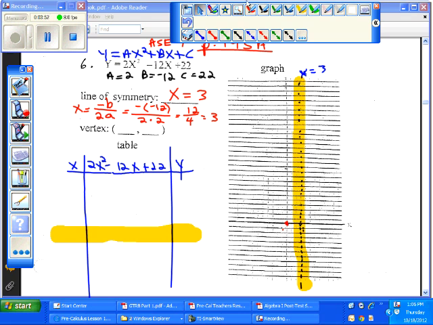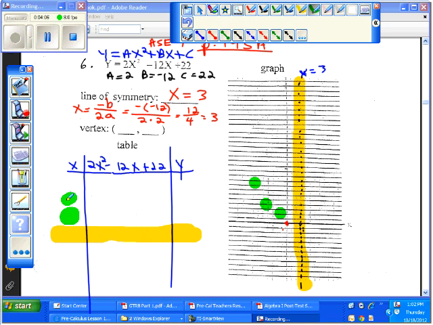So here's what we're trying to do. We're going to want to pick 3 points on the left side over here because we're trying to get 3 left wing points. So the next thing it says to do is choose 3 points that are less than the vertex x. We know that the x of the vertex is the same as the line of symmetry x because the vertex lies on the line of symmetry. Okay?